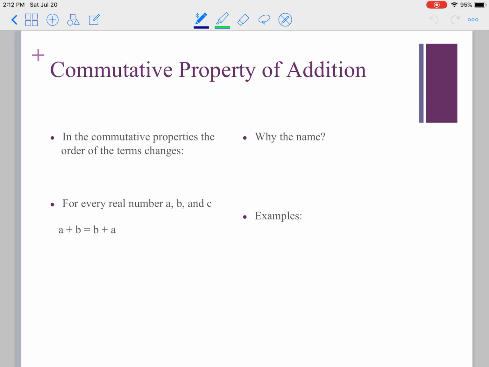Notice, first of all, the commutative property is for addition, not subtraction. So on the previous slide, if you recall, we had 3 plus 7 is equal to 10. 7 plus 3 is equal to 10. That works for addition.